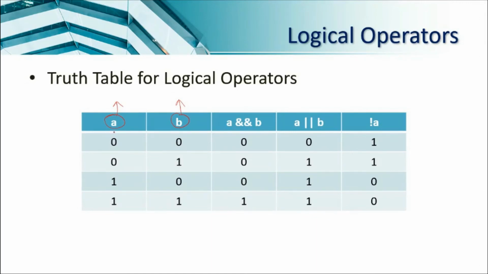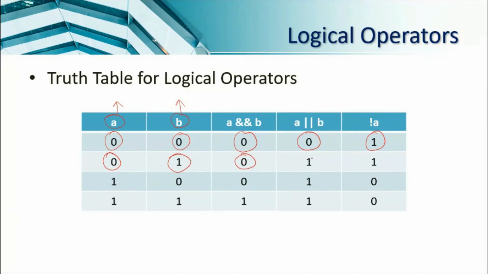If A is false and B is false, where 0 means false, then A AND B is 0, and A OR B is also 0, because both are zeros. Not A will be 1, because A is 0. Now A is 0 and B is 1. A AND B will be 0 because one of them is 0, that is false.